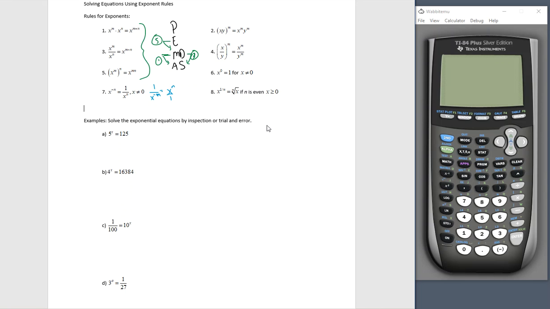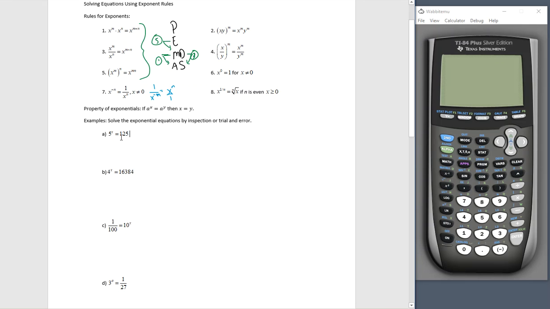The property of exponentials says that if a to the x is equal to a to the y, then it must be that x is equal to y. That's the whole thing. I'm going to throw it up there into an equation as well. That's the whole one-to-one property of exponentials.